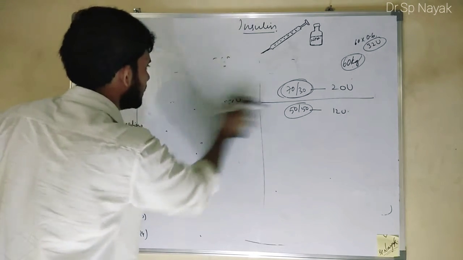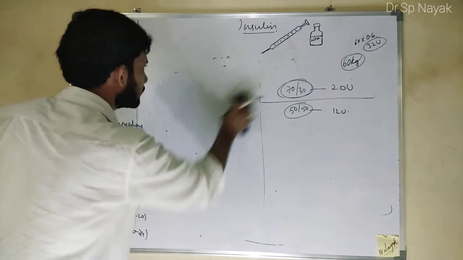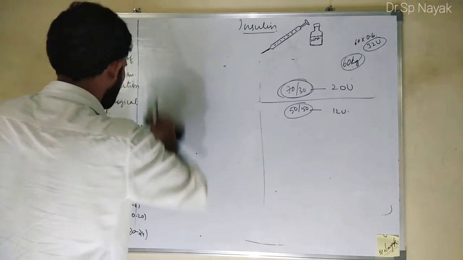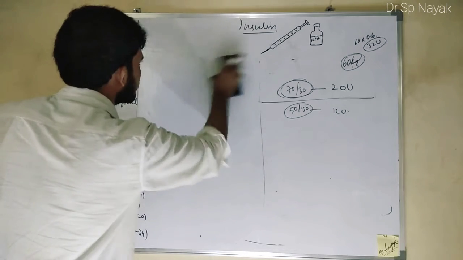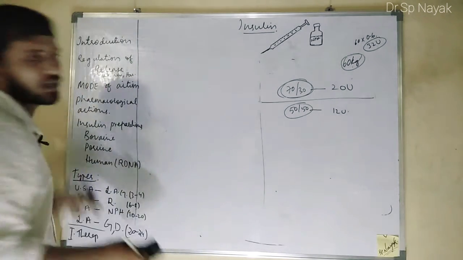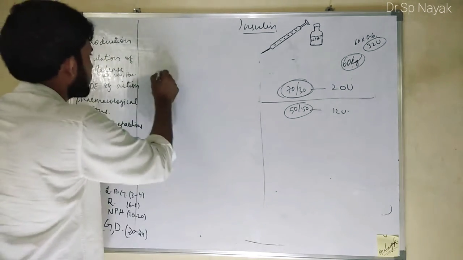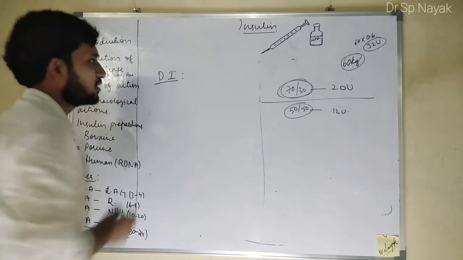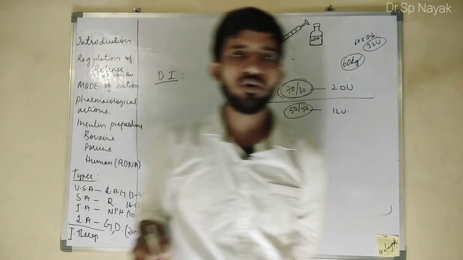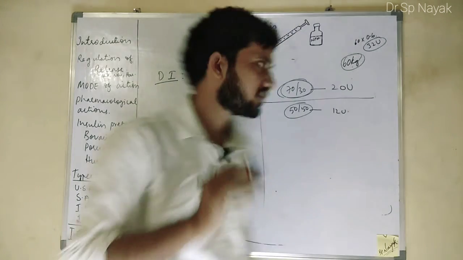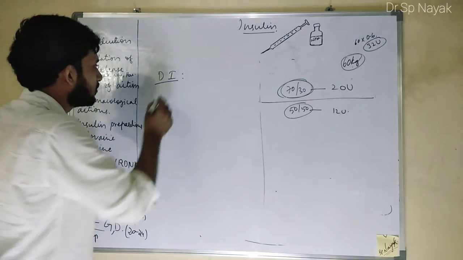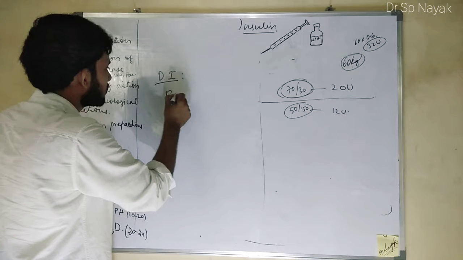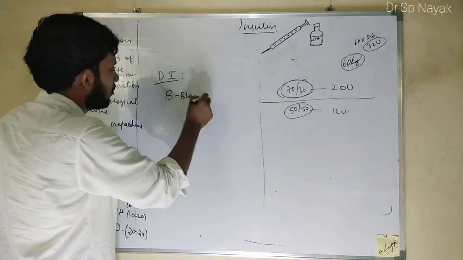So next let us see adverse drug reactions of insulin and drug interactions. Now let us see the insulin drug interactions. We find only a few drug interactions with insulin. The first thing is drug interactions with beta blockers and insulin.